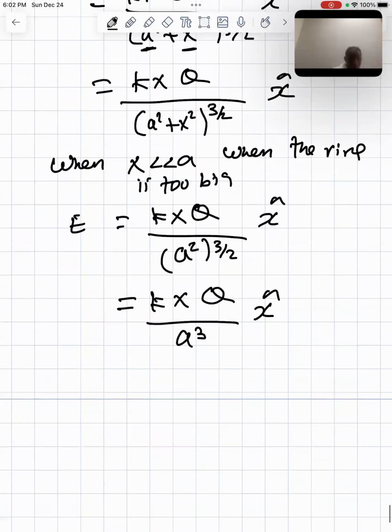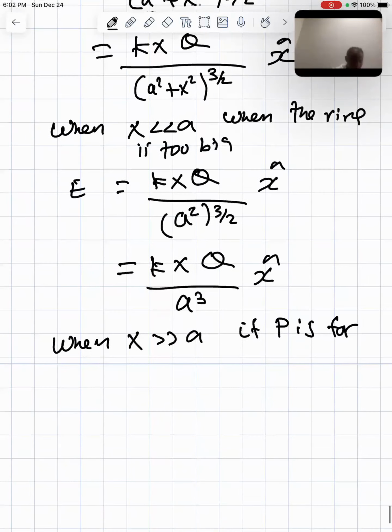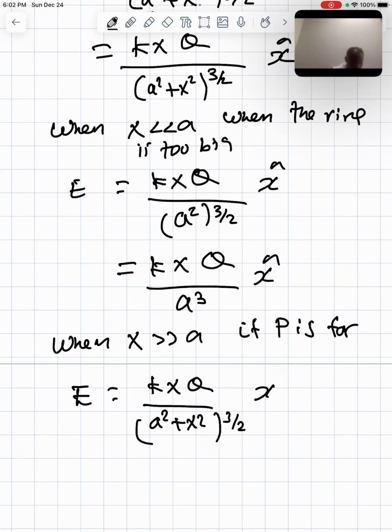But the most interesting case is when x is much greater than a, or if P is far. If P is far, that means x is extremely big. Before, it was kxq over (s squared plus x squared) to the 3 over 2, in the x direction.